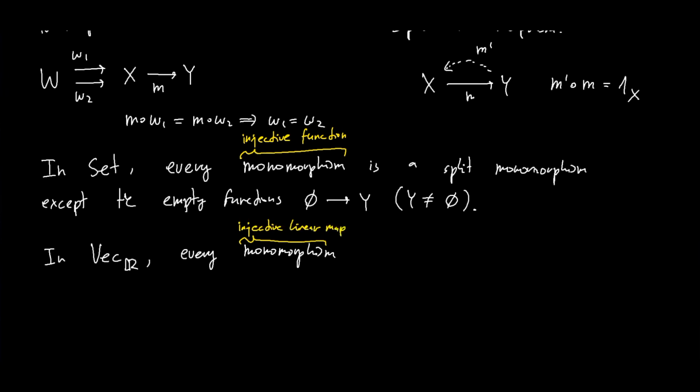And because an empty space does not exist, a space needs to have at least a zero vector, the problem of having a splitting disappears. And every monomorphism is indeed a split monomorphism.